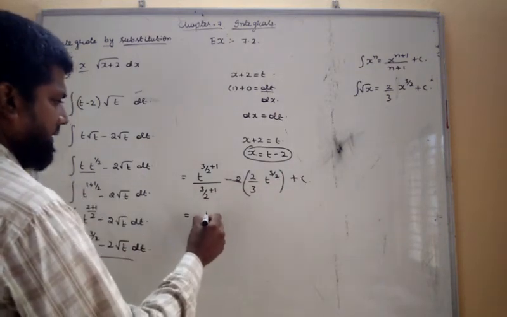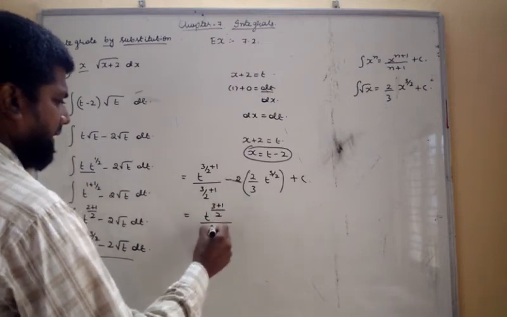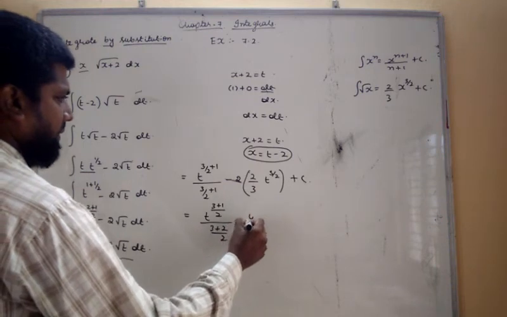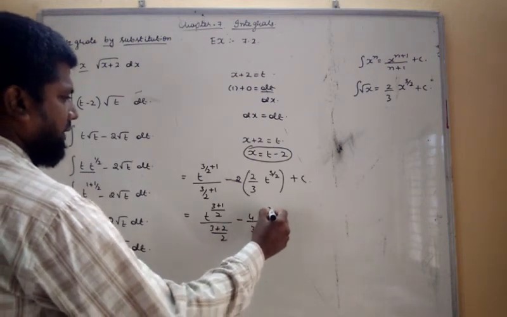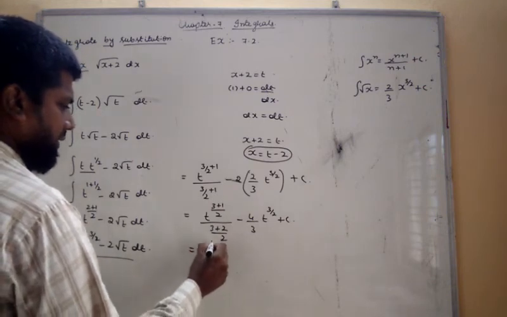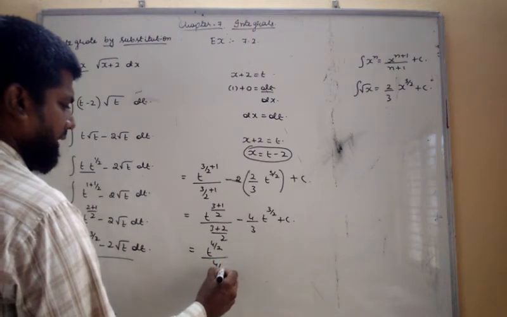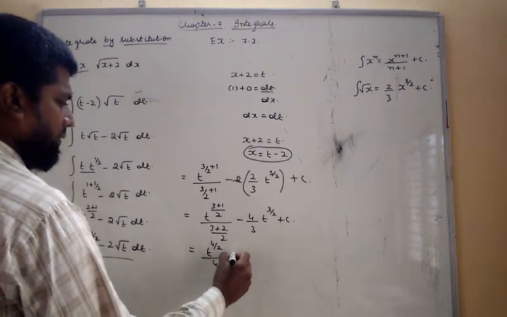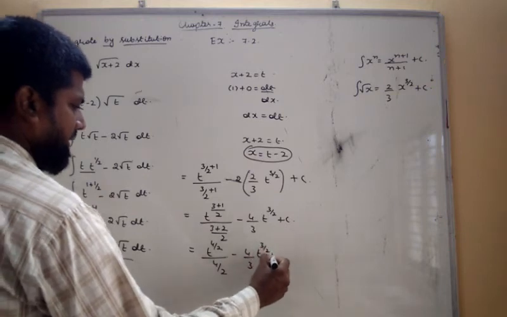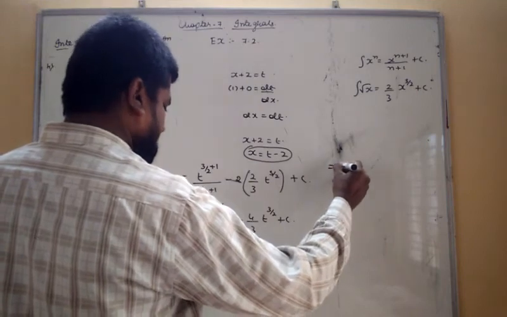Then taking the LCM, minus 4 by 3 t to the power of 3 by 2 plus c. Then you can write it as t to the power of 4 by 2 over 4 by 2, minus 4 by 3 t to the power of 3 by 2 plus c.